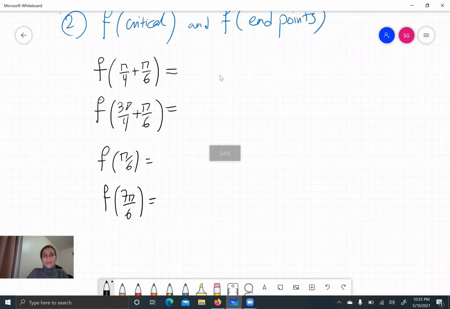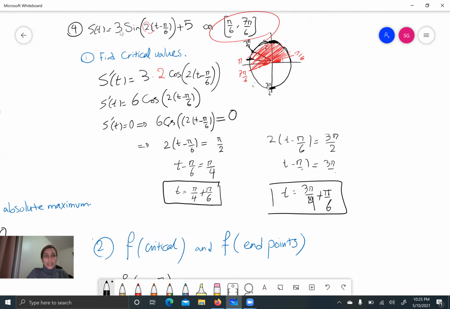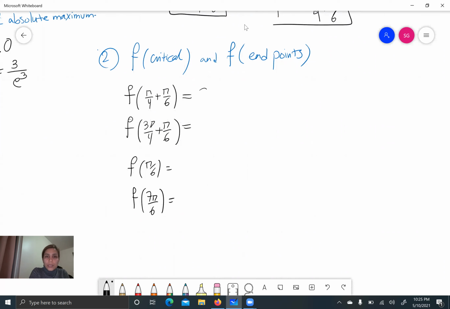One more time, look at the formula of the function. It's 3 sine of 2t. In this case, t is pi over 4 plus pi over 6.